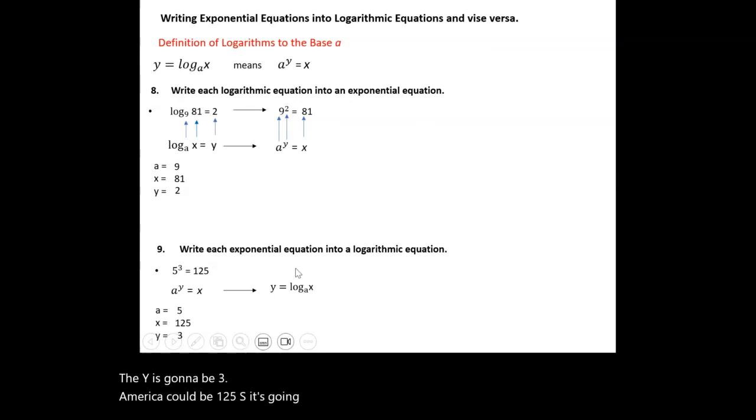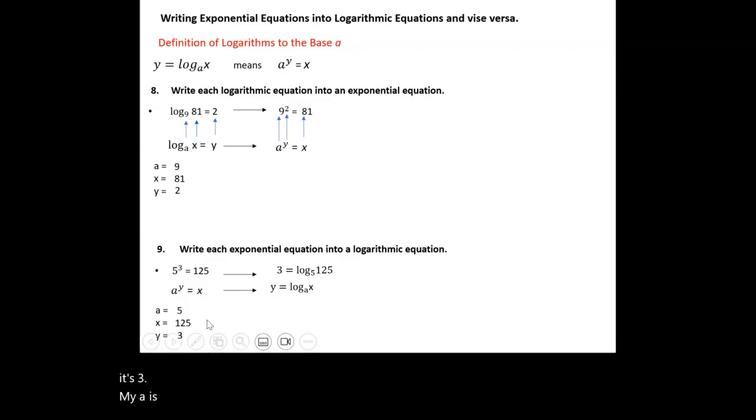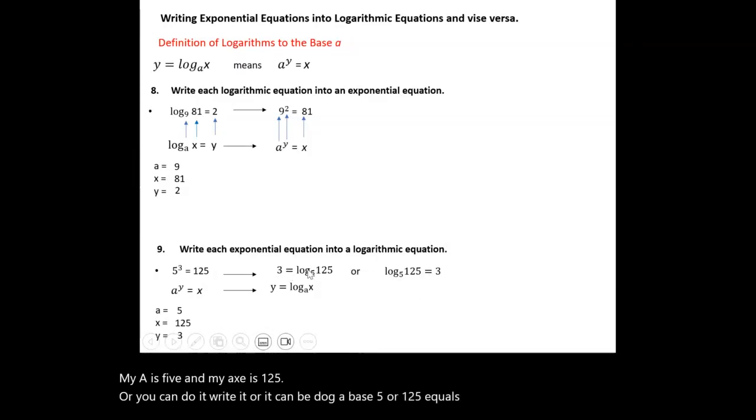So it's going to give us 3 equals log base 5 of 125. See, there's my y, 3. My a is 5. And my x is 125. Or it can be log base 5 of 125 equals 3. These two are the same. They're equal.